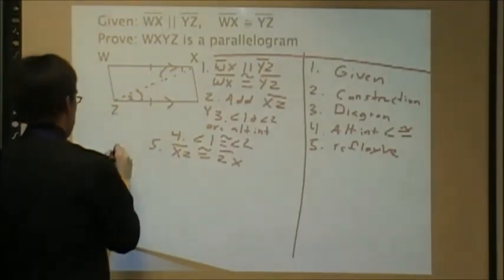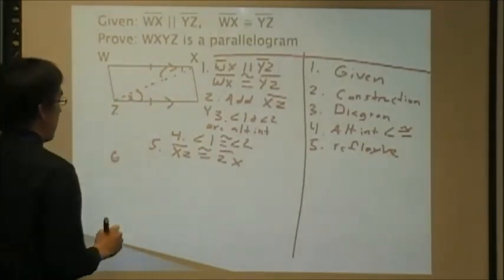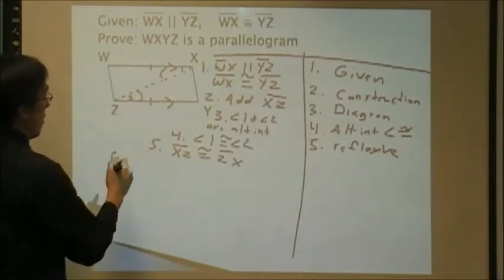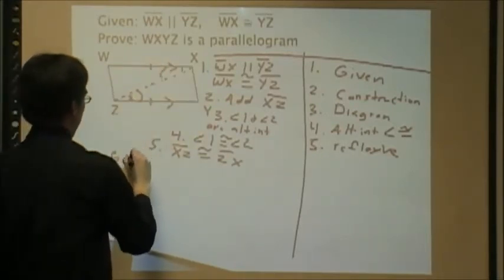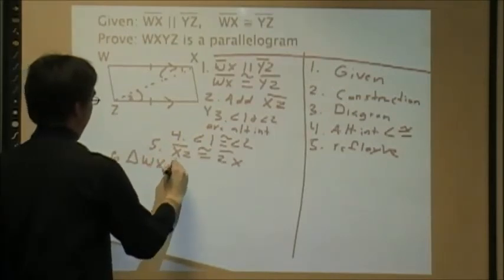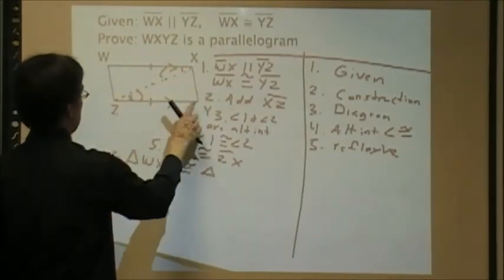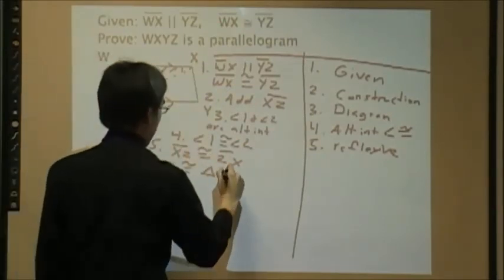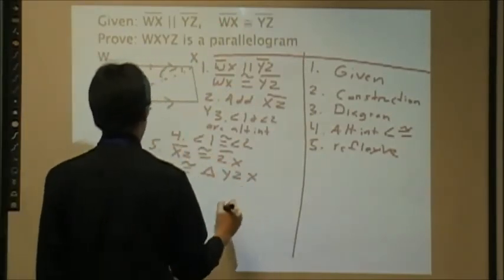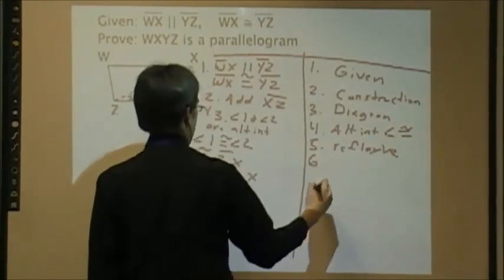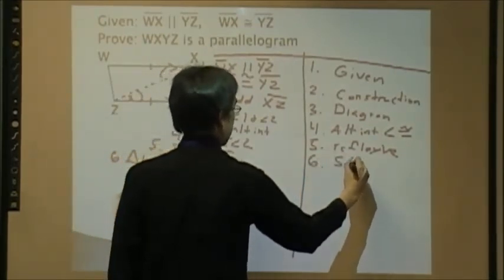So I've got these triangles here that are congruent triangles. Triangle WXZ is going to be congruent to triangle YZX, and that is by side angle side.